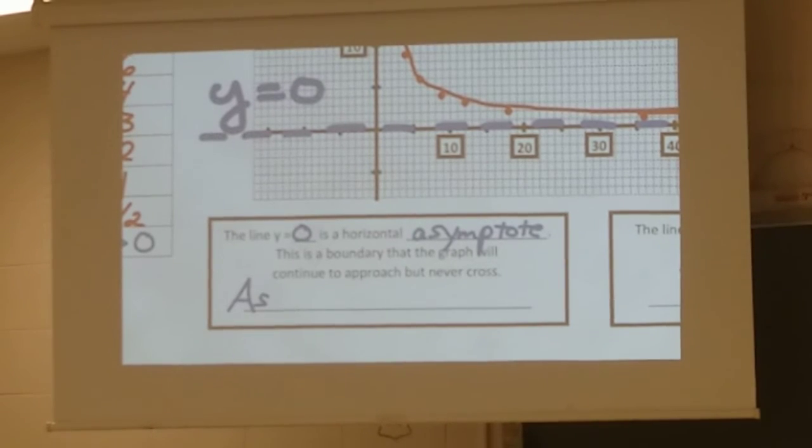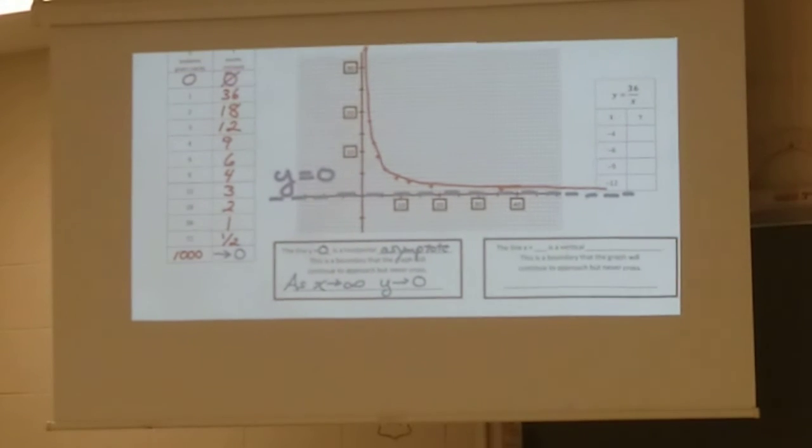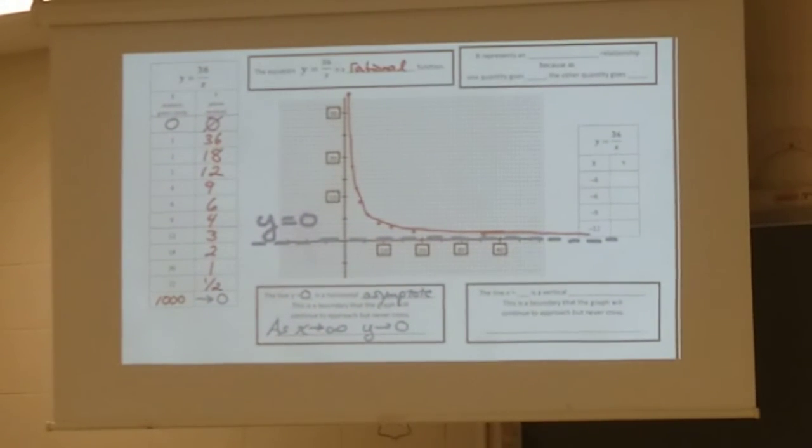And mathematically, we can make somewhat of a fancy statement, but I want to show it to you. We can say as x approaches infinity, in other words, as the number of students that get the chocolate gets very large, the y value is going to approach 0. But keep in mind, it's not going to equal 0. And that is known as a horizontal asymptote.